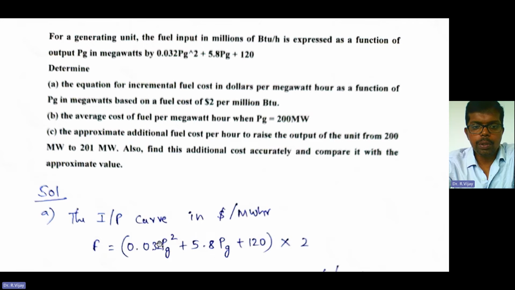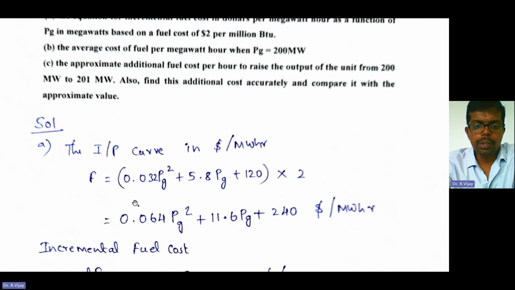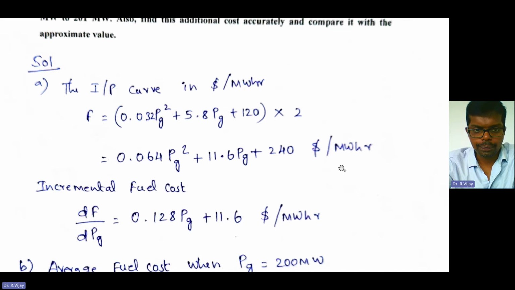So we multiply this by $2, and that gives you the fuel cost function. After multiplying with the $2, we get the fuel cost as 0.064 PG square plus 11.6 PG plus $240 per megawatt hour.